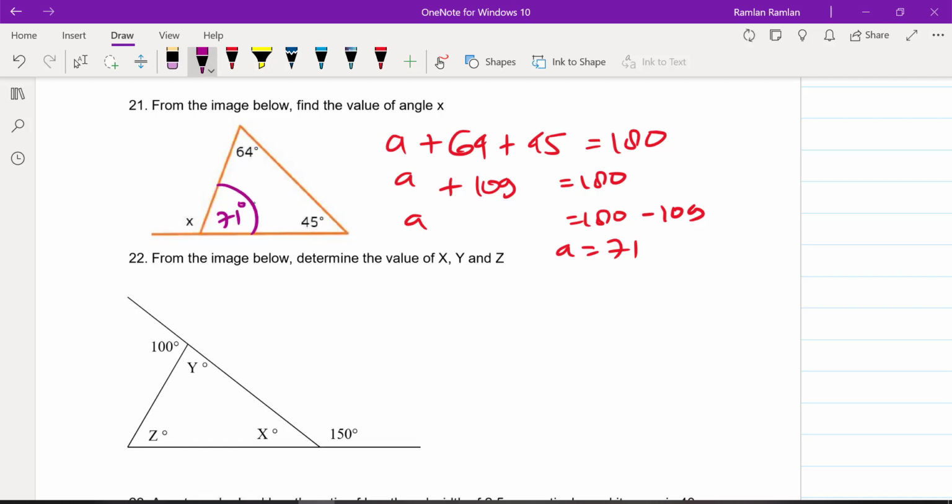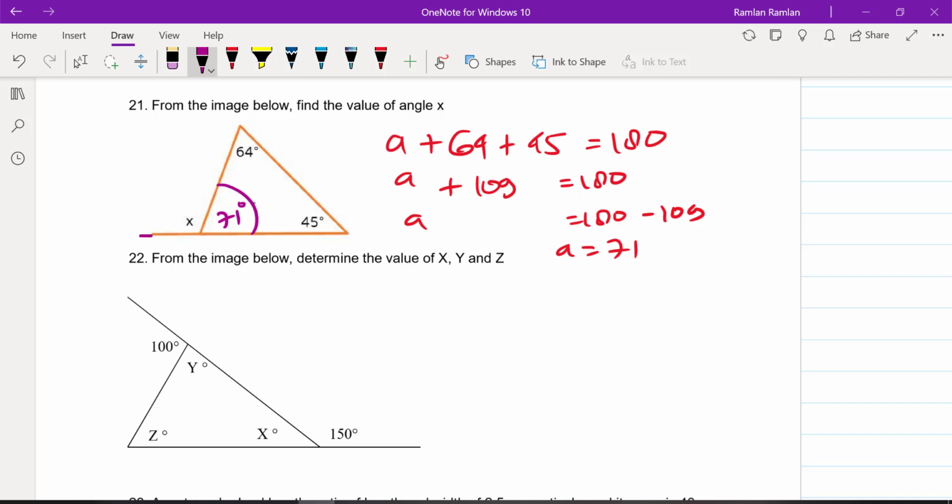We have another theory: if you see a straight line, and that straight line is split by another line, and it makes some angles, for example this one with two angles, the X and that 71, those angles, if we add them up, will also be 180 degrees, because a straight angle is 180 degrees.